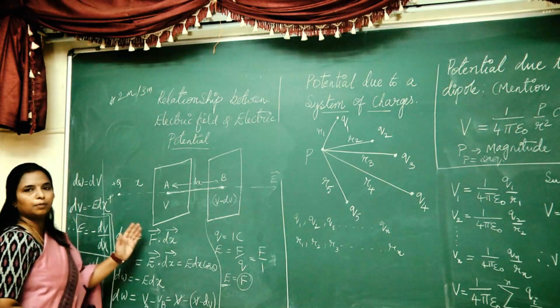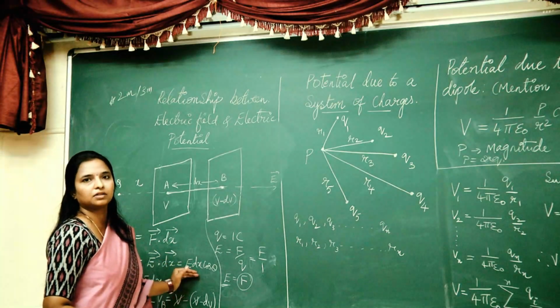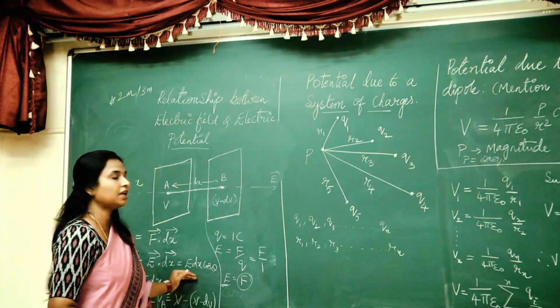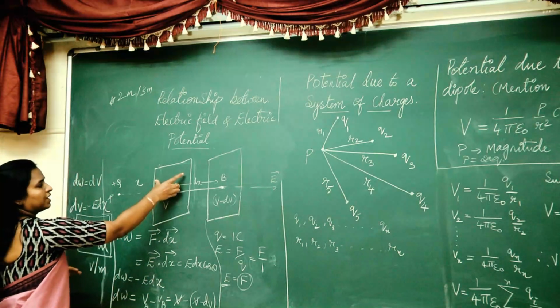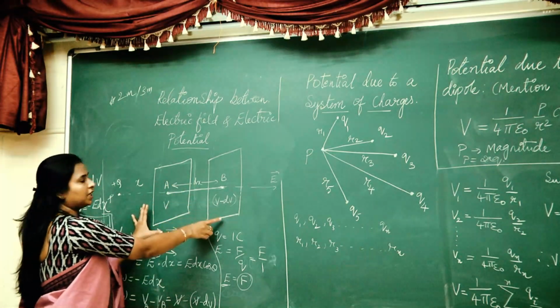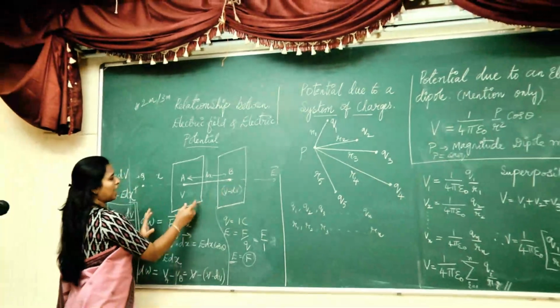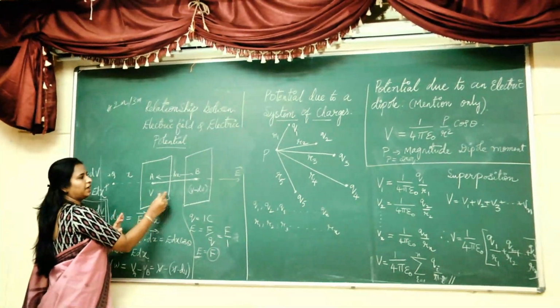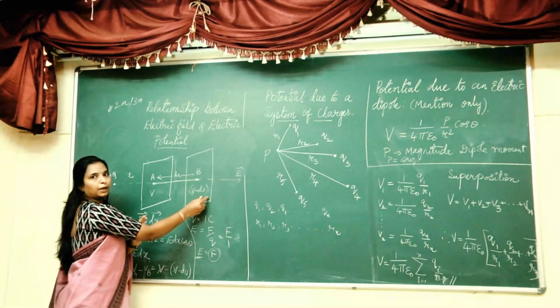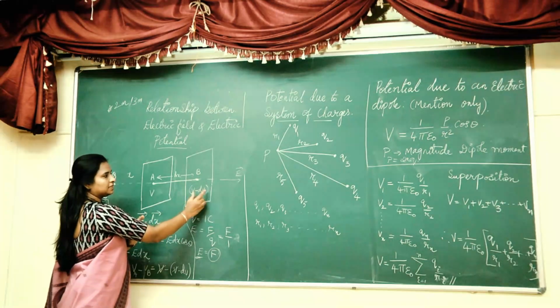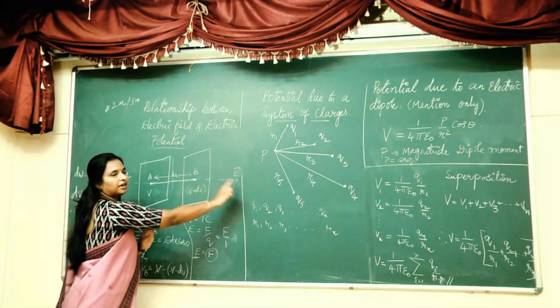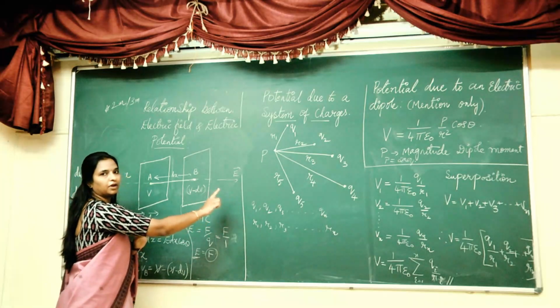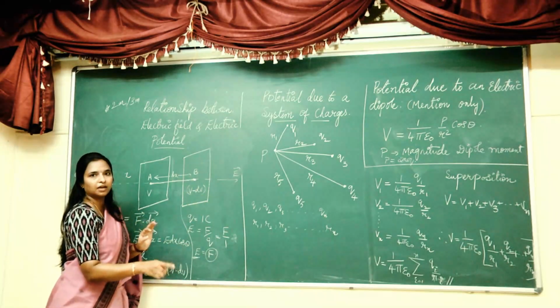So this is the very important derivation for 2 marks or 3 marks. Once again I'll explain it to you. So first we have considered 2 equipotential surfaces A and B which are having the potentials V and V minus dV. Why dV? Because dV represents the decrease in potential in the direction of the electric field, because it is a work done against the electric field.